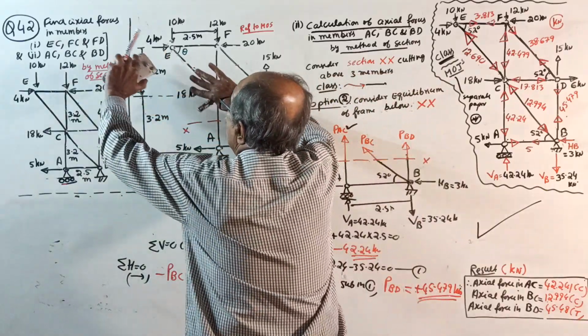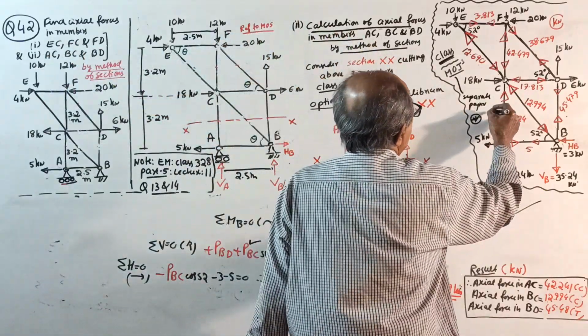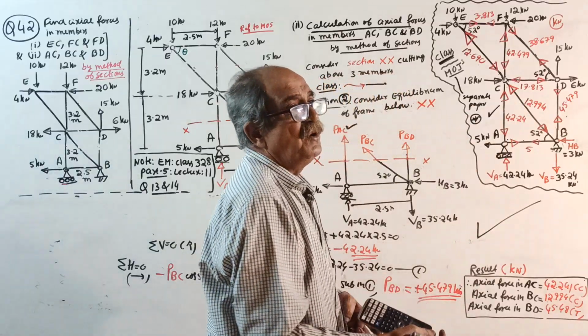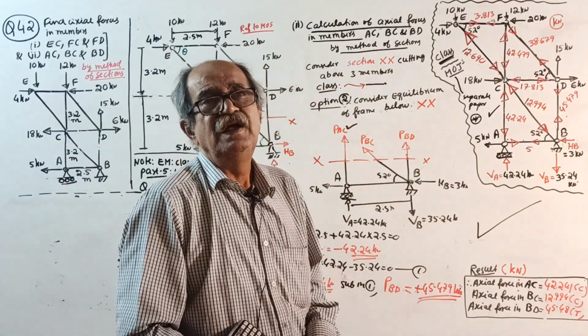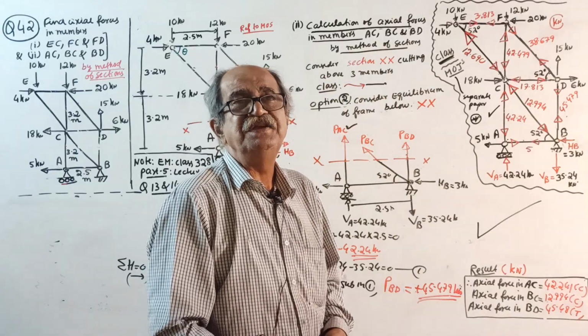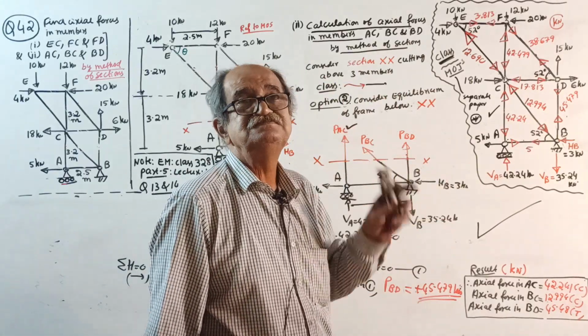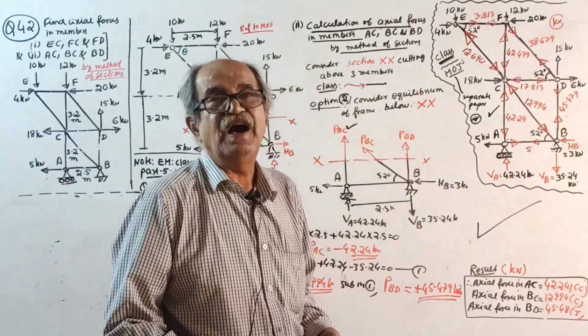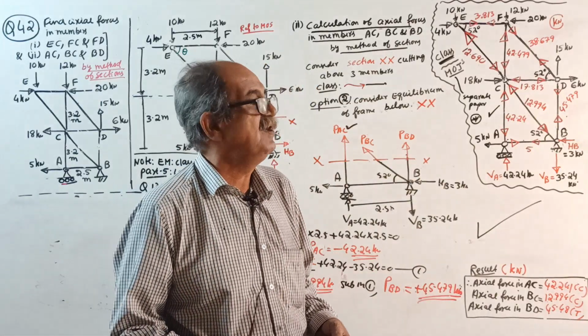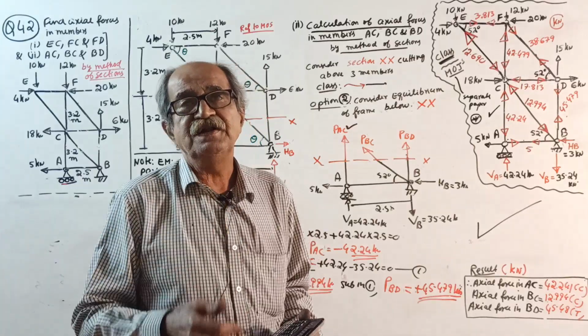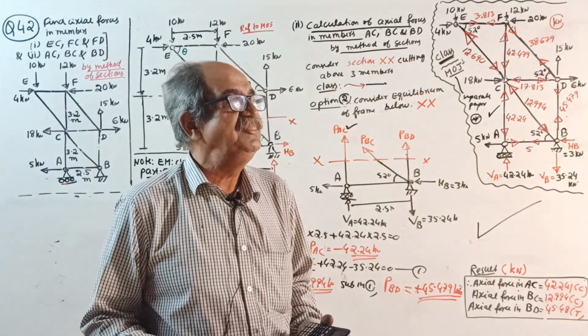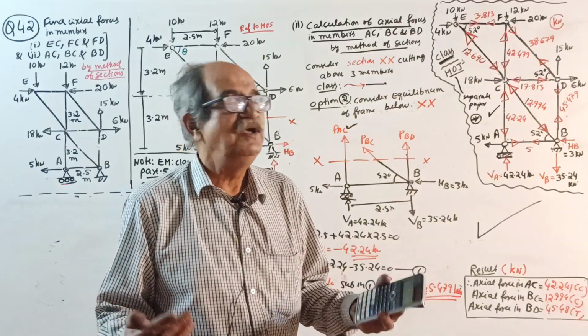What result we got by method of sections beautifully tallies with what we got by method of joints. Till the end of my teaching, it will tally. Not only here. After all equilibrium, sorry, I am not insulting equilibrium. Without equilibrium, we cannot survive.